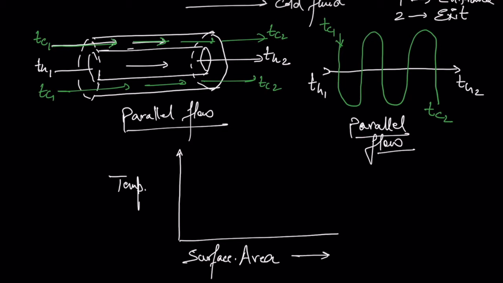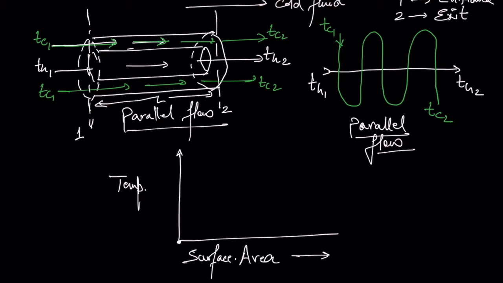When surface area is 0, that means it's the entrance, because at the entrance there is no length, surface area is 0, and at the exit, suppose the length is L, so it's covering the whole area A.